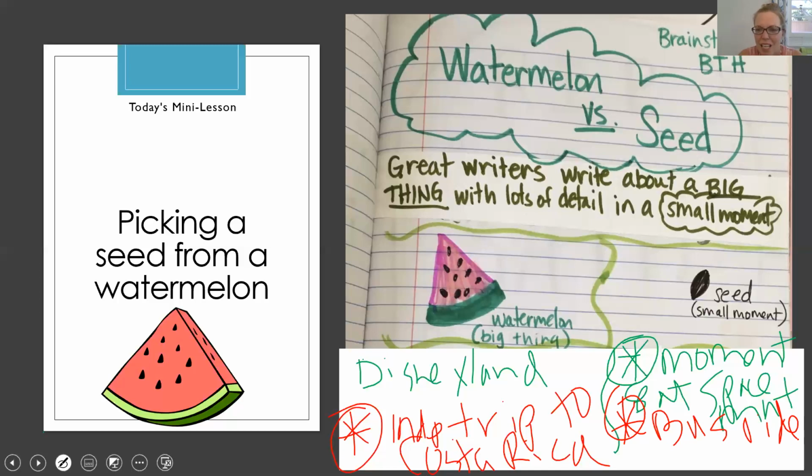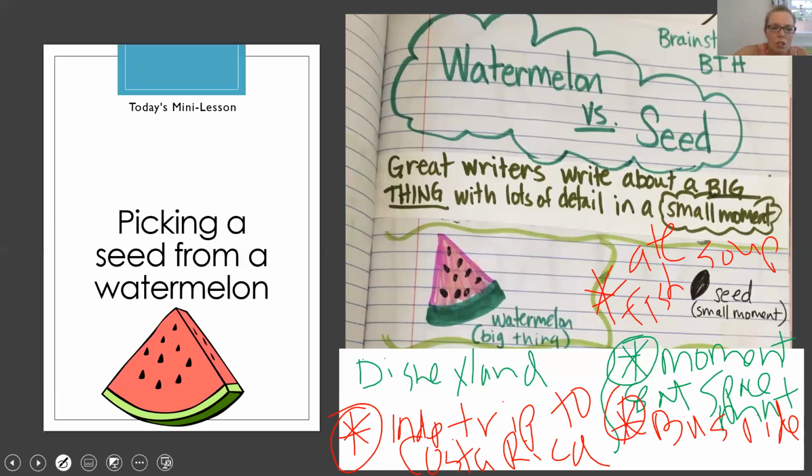I did not want to eat it, but it was a big deal for me because it showed me that I was overcoming my fear. And so my seed is going to be the moment I ate the fish soup. Okay, so we'll talk about that in tomorrow's lesson.